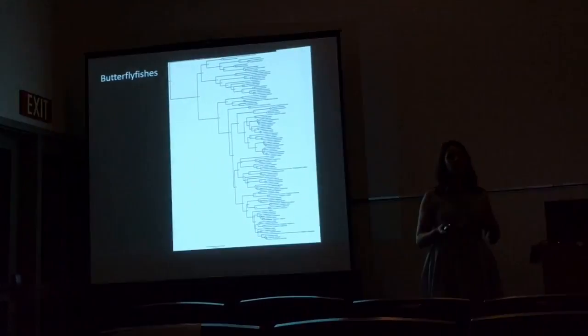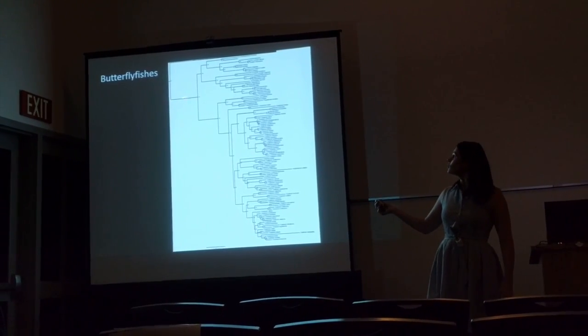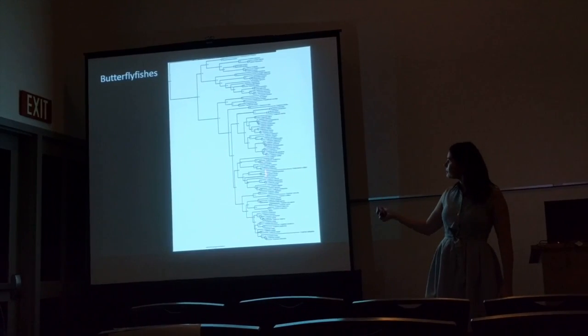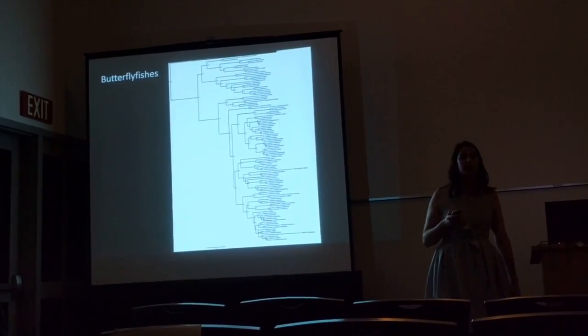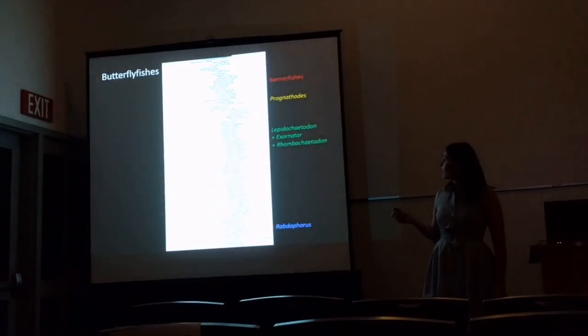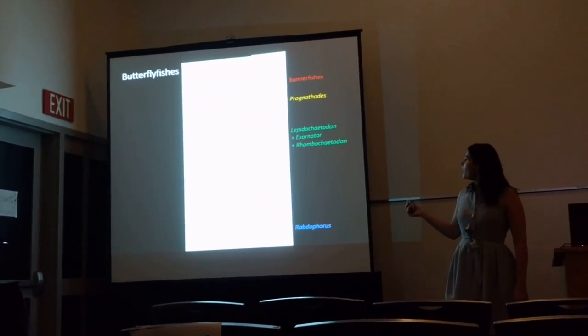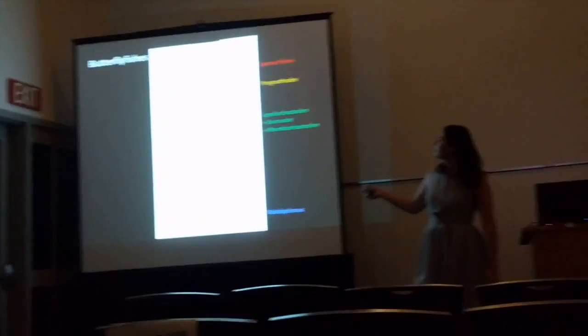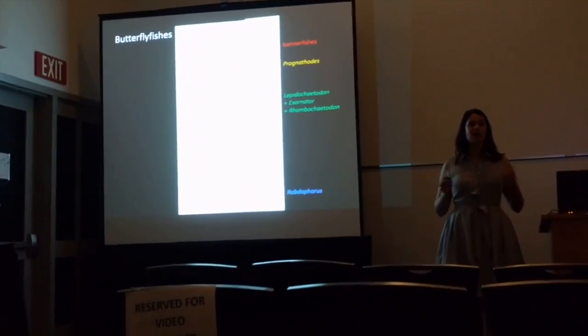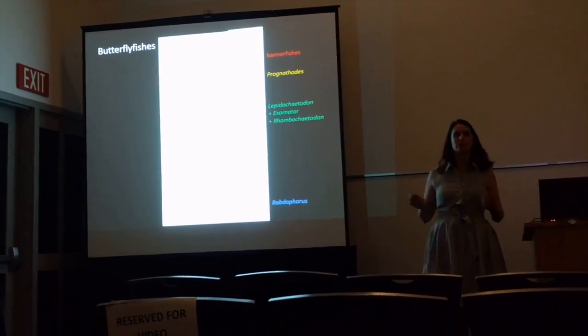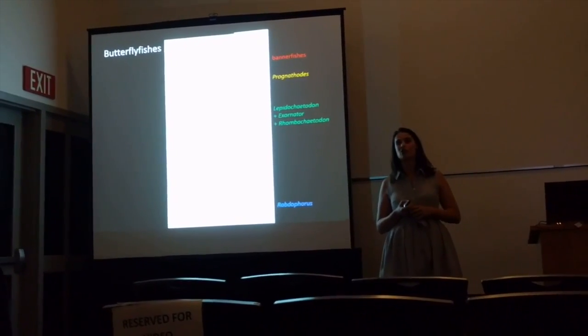Moving over to the butterflyfishes, much the same story. We get good support for the monophyly of the group, strong support along the backbone, and some problematic issues up near the tips. Again, breaking this down, we find very good support for the bannerfishes at the base of the tree. However, within the true butterflyfishes, there are a lot of problems. We do recover some good support for the traditional subgenera within the Chaetodon radiation.